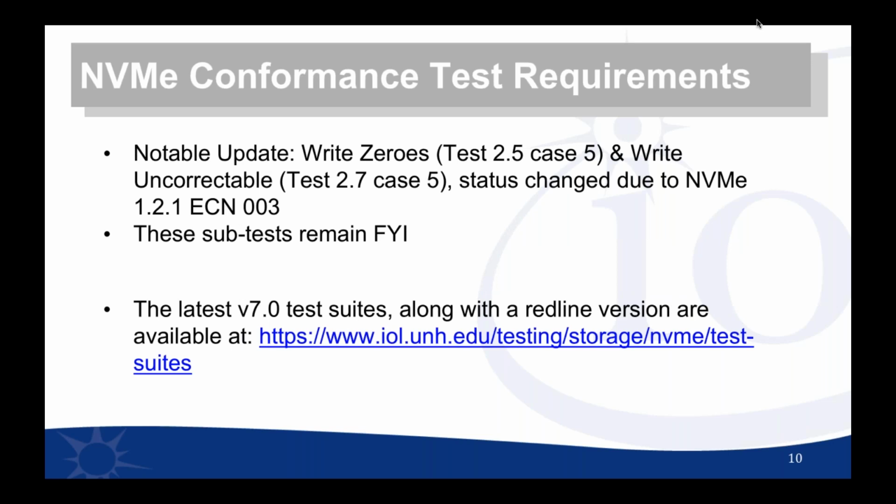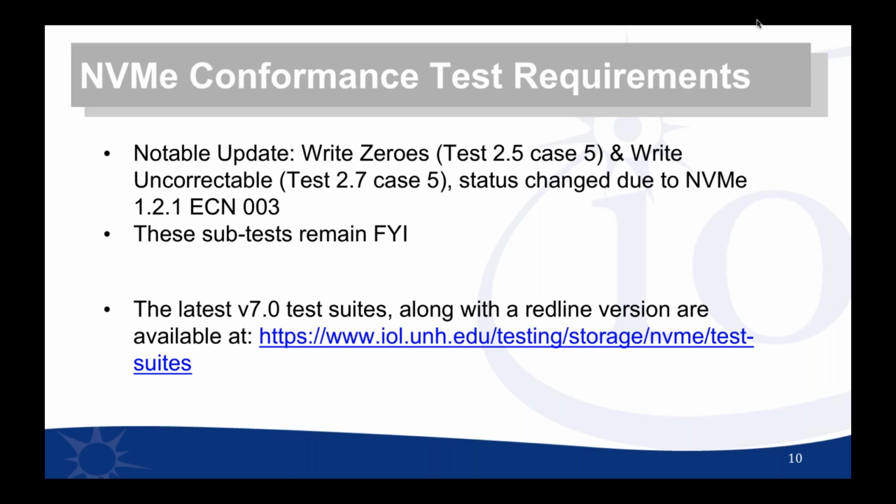Now, some notable ones that got a fair amount of discussion in the ICC and remained FYI tests are case 5 in our write zeros test, that's test 2.5, and also case 5 in our write uncorrectable test, test 2.7. We actually had to change these tests due to ECN number 3 for NVMe spec 1.2.1.